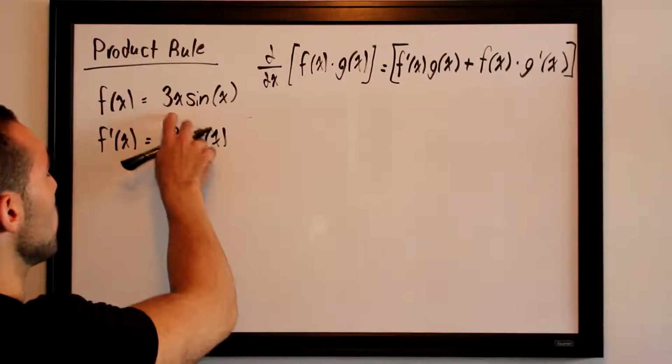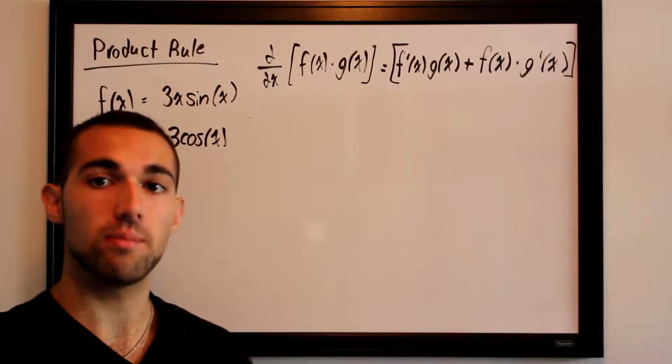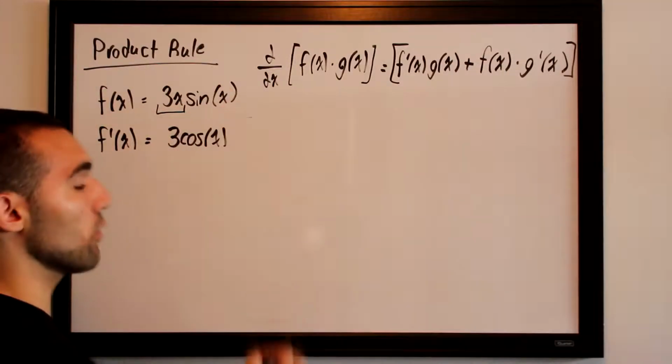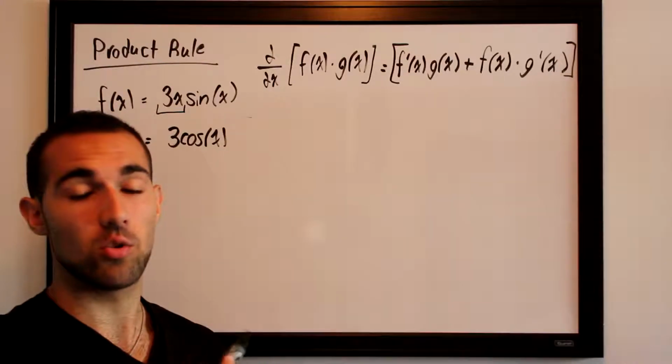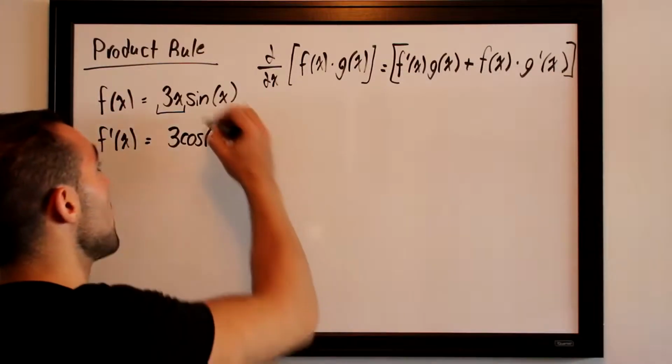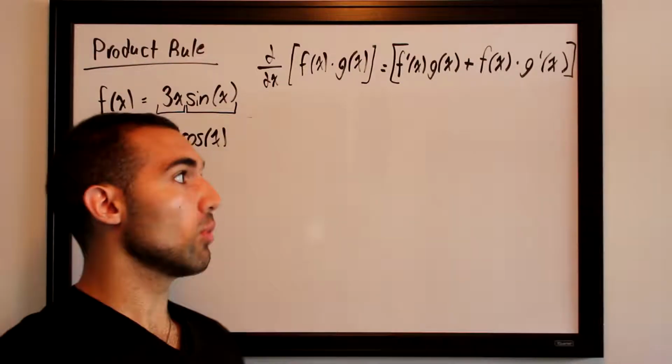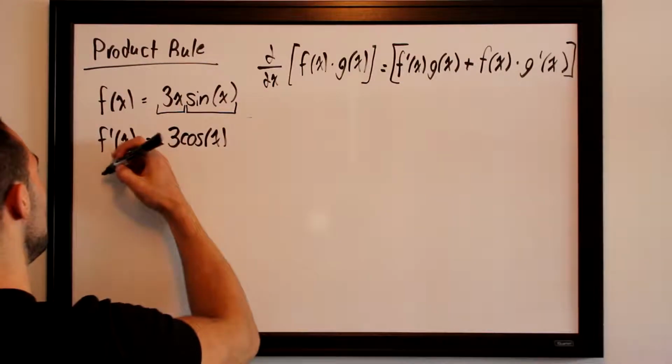Say we wanted to take the derivative of this function, 3x times sine of x. So we can split this up into two functions which are easily differentiable. 3x, we know we can take the derivative of relatively easily, and sine of x we can also take the derivative of relatively easily. So we will split this up into an f and a g.